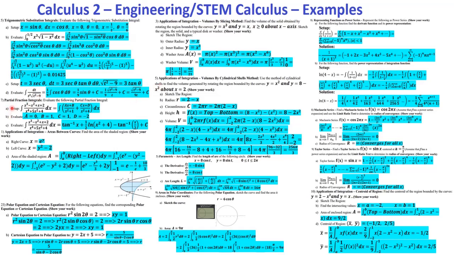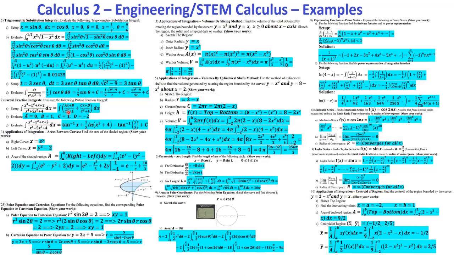Then I have an example of partial fraction integrals. So if you want to integrate x cubed minus x squared plus x plus 2 over x to the 4 plus 5x squared plus 4, you factor the bottom into x squared plus 1 times x squared plus 4.